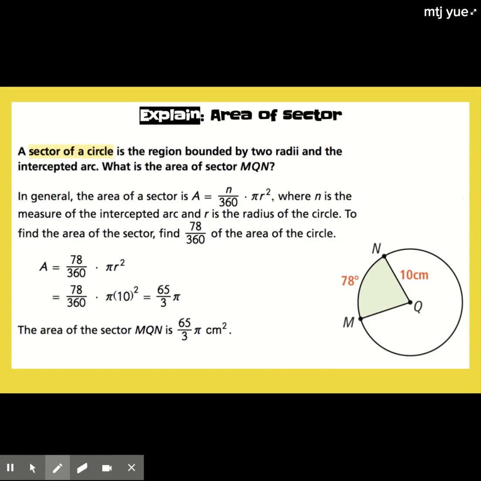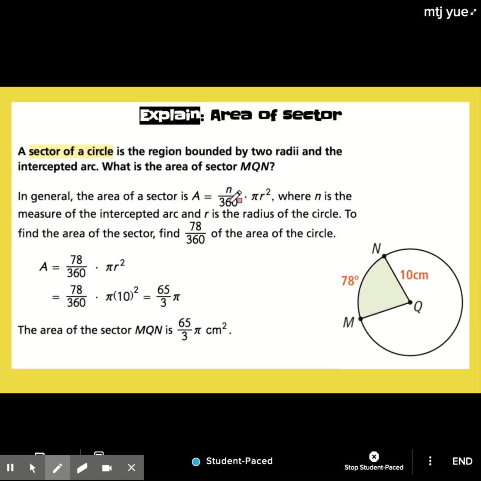Right. And so now area of a sector. The area of that sector is bounded by 2 radii and an intercepted arc, right? And so we have this arc measurement right here, and then we have these 2 radii. And so it's going to be a very similar equation. For this one, you're going to have the area is equal to N divided by 360.